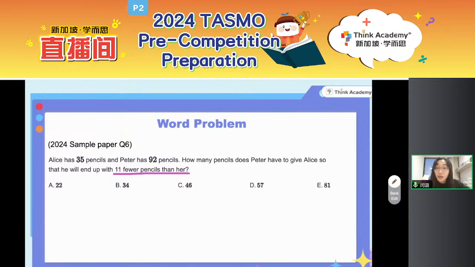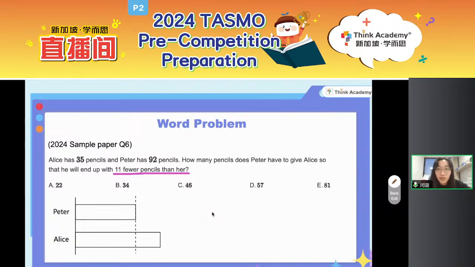When we try to compare, this is a very classic model drawing question. Now, Peter has fewer, right? So Peter's model is shorter, and Alice's model is longer because Alice has more. How many more? Correct, 11 more.